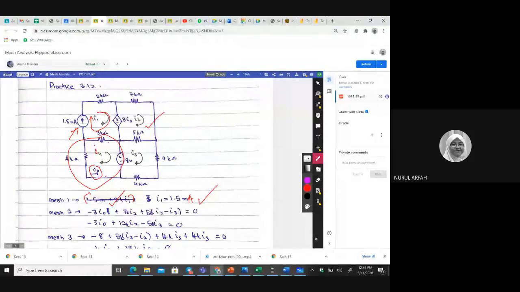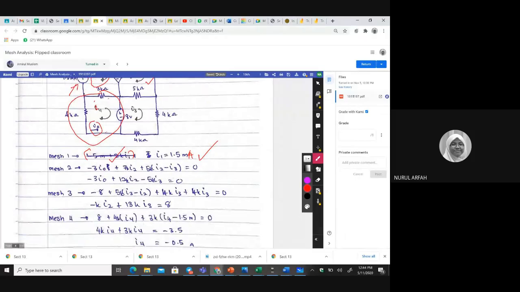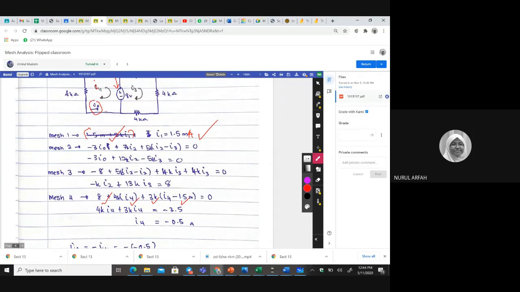Then I will just look at your I4. So this is 8, since we start from 8 volt here. Okay, 8 and then 4K of I4, yes, and 3K of I4 minus 1.5 milli. It's about the I1 is equal to this, okay. And then since you have only one unknown here, then straight away you can get the answer.